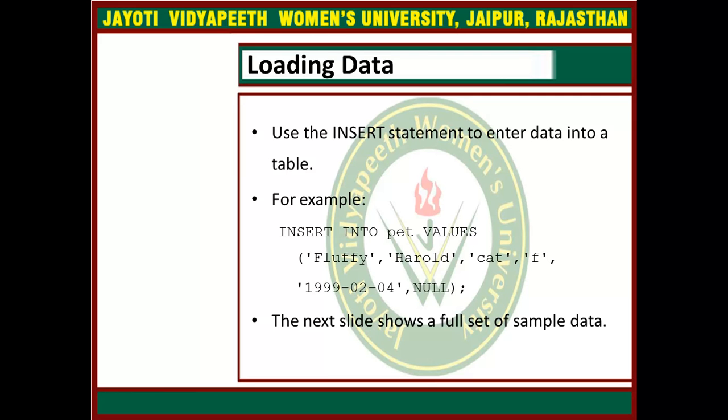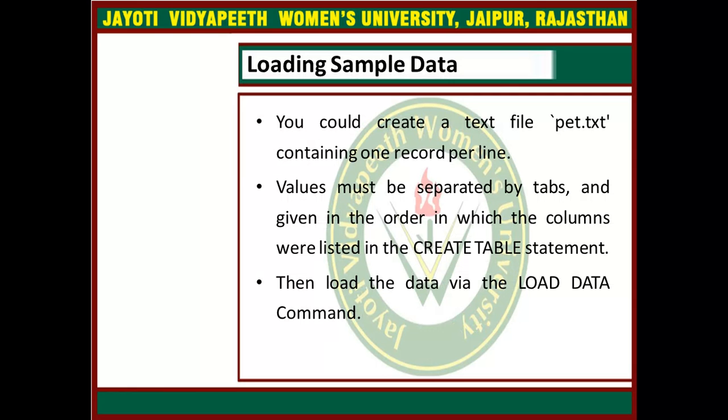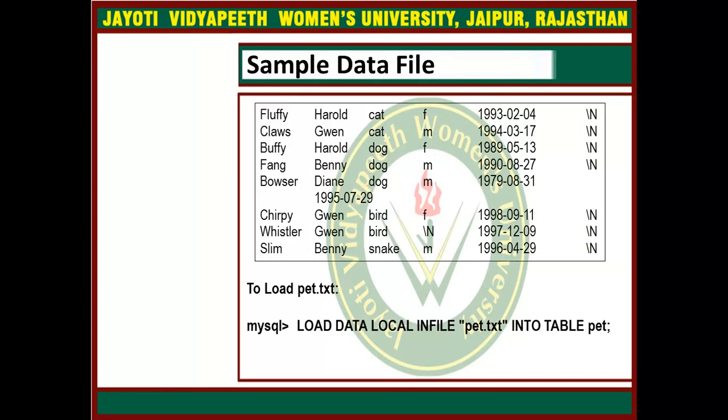Now loading sample data. You could create a text file pet.txt containing one record per line. Values must be separated by tabs and given in the order in which the columns were listed in the create table statement. Then load the data via the load data command.